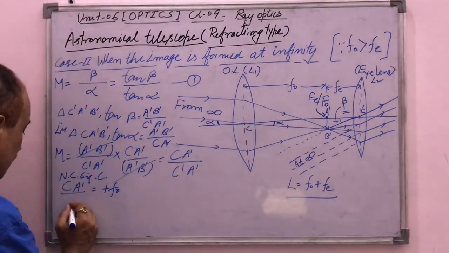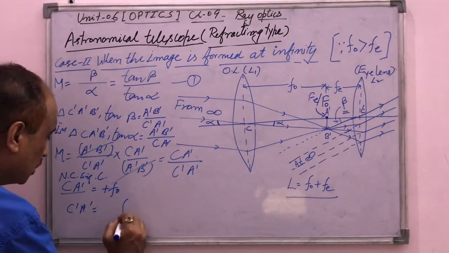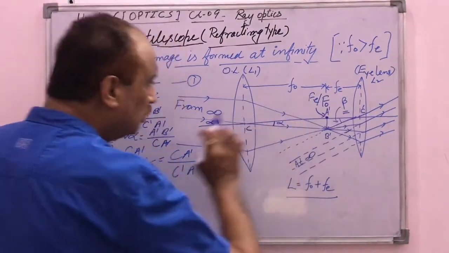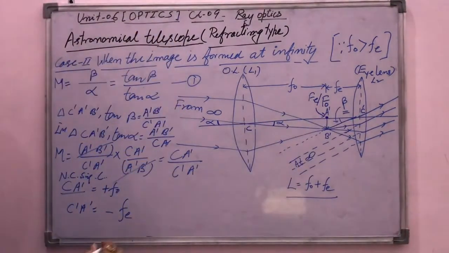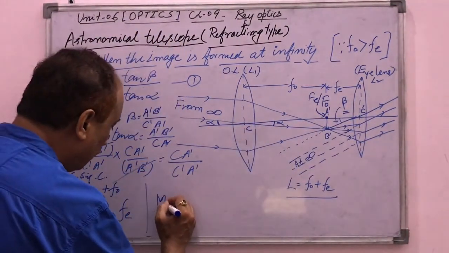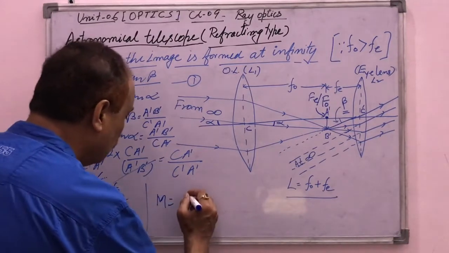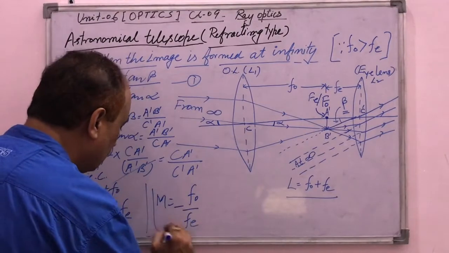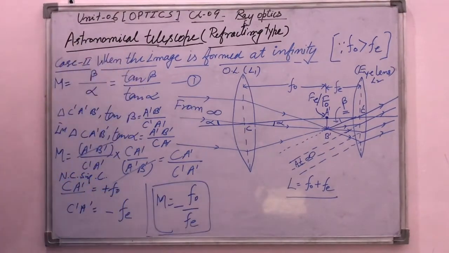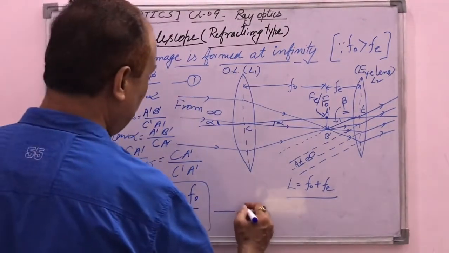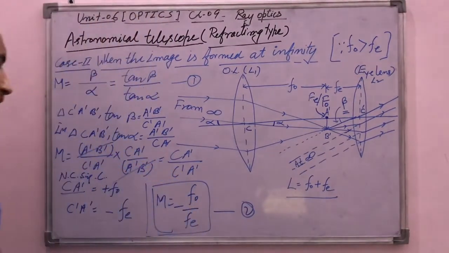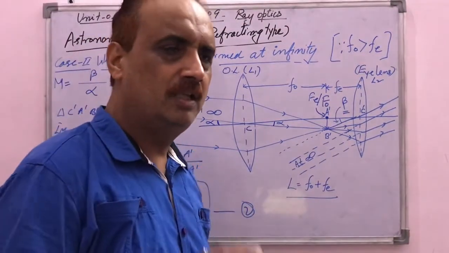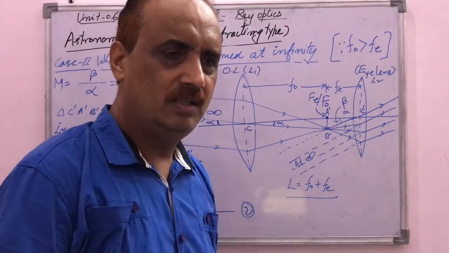Similarly, C dash A dash is equal to the focal length of the eye lens, but the distance is measured opposite to the optic center, so it is equal to minus Fe. So the magnifying power in that case will be equal to plus FO upon minus Fe, that is equal to minus FO upon Fe. So this is the magnifying power of the astronomical telescope when the image is formed at infinity.